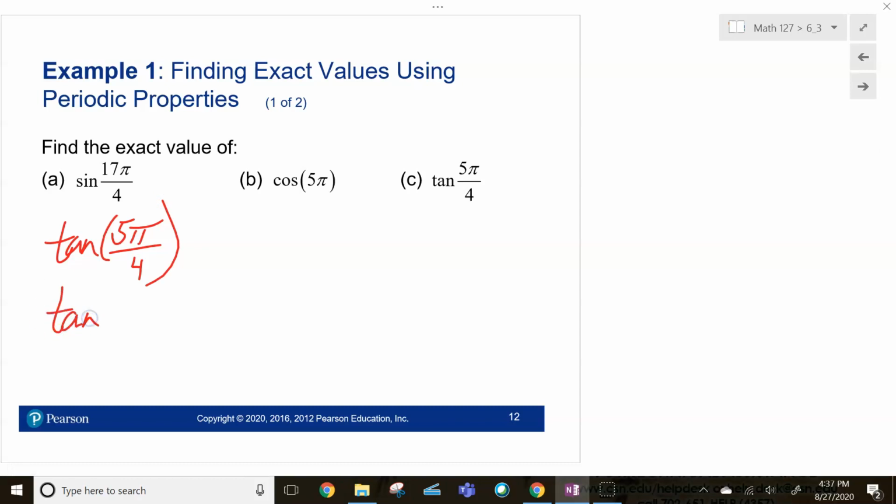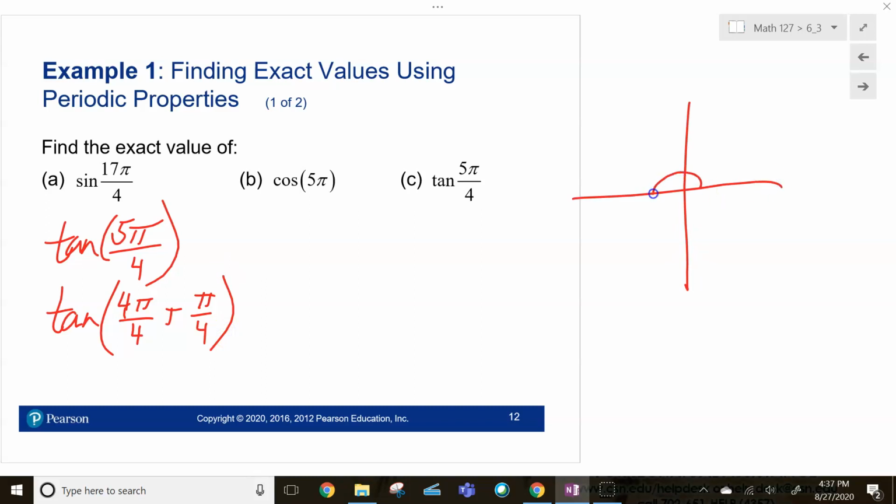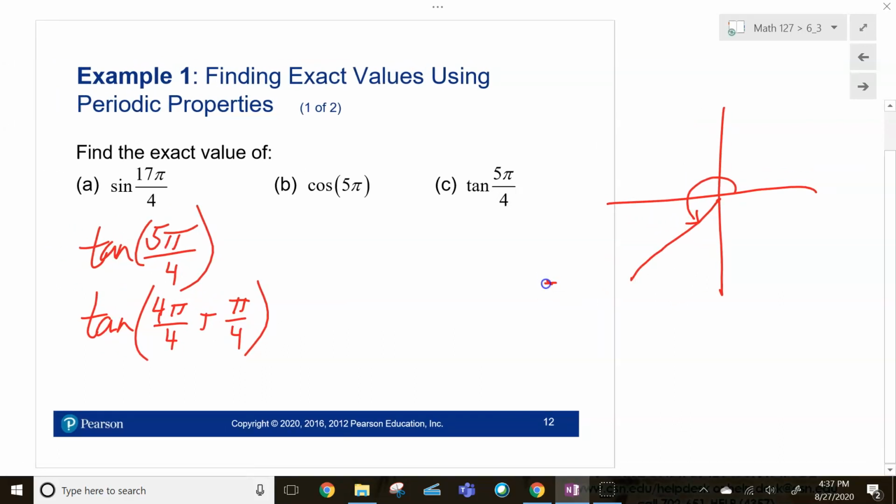This is only pi around: 4 pi fourths plus pi fourths. So it's pi plus pi fourths. I'm right there, that's where my 5 pi fourths is at. So you find your spot, negative root 2 over 2, negative root 2 over 2.